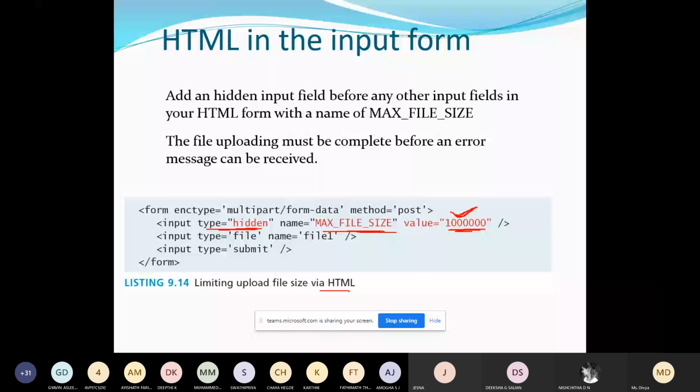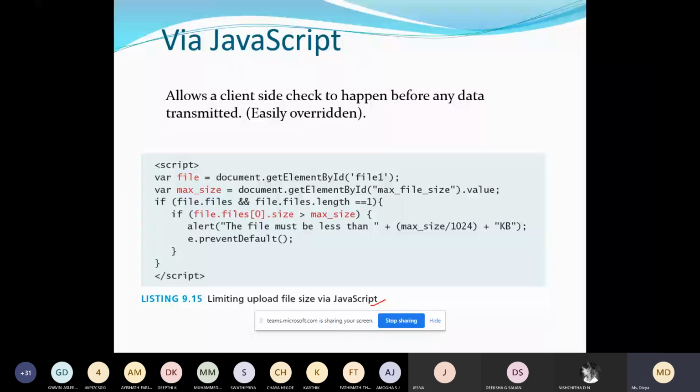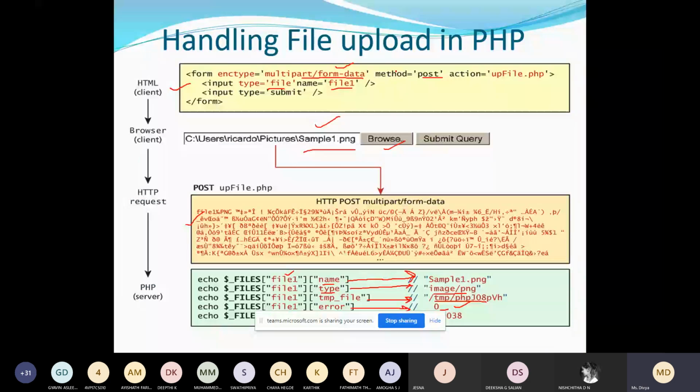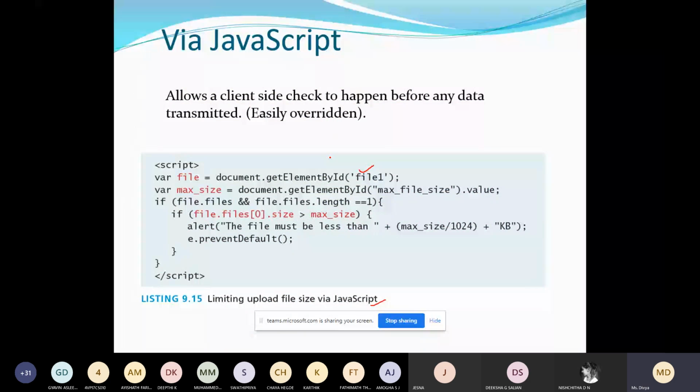And this is using JavaScript. What will JavaScript do? You get the file. This is your file name. If you see here, the name of the file is file1. So getElementById file1, get the file and store it in the variable file.